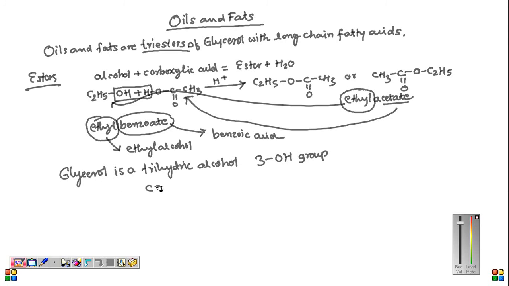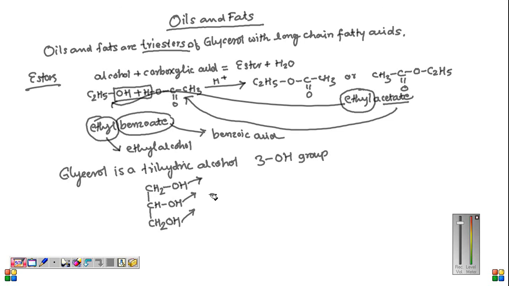It has this structure, CH2OH, CHOH and CH2OH. So there are three OH groups: this is one, this is the second OH group, this is the third OH group. So this is called a trihydric alcohol.